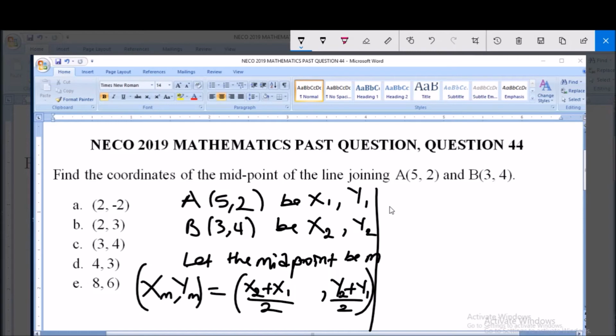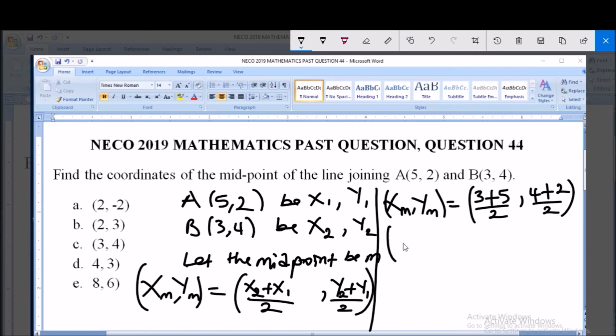So from here we have that the coordinates of the midpoint M, xm comma ym, is equal to x2 is what? x2 is 3 plus x1, which is 5, all over 2, comma y2 is 4 plus y1, which is 2, all over 2.